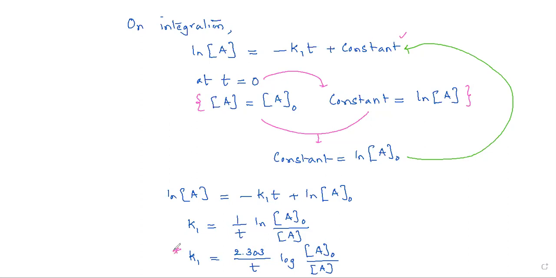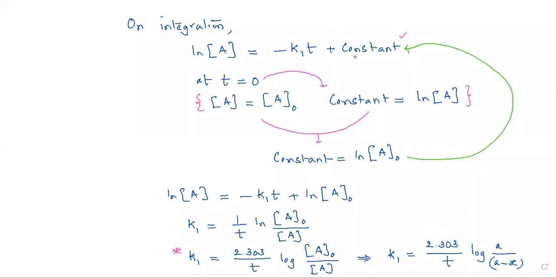So this is a very important expression. Now, of course, the same can be written in some other format using that A, X terms, 2.303 by T into log A by A minus X, isn't it? Because A naught is nothing but A initial. A is nothing but A minus X, left out. Okay.